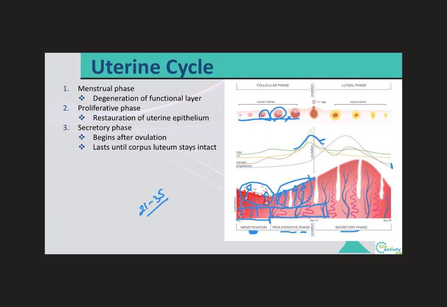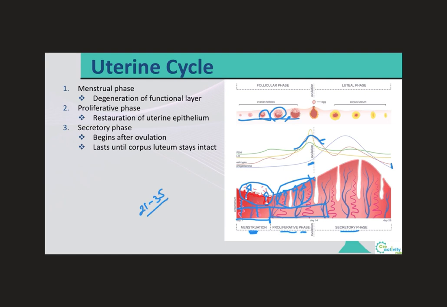So by the time ovulation occurs, the functional layer is already several millimeters thick and it's highly vascularized. In addition, there are going to be mucus glands that will extend through the functional layer of the endometrium and are manufacturing mucus rich in glycogen. And this mucus is going to be essential for the survival of the fertilized ovum through its earliest developmental stages.